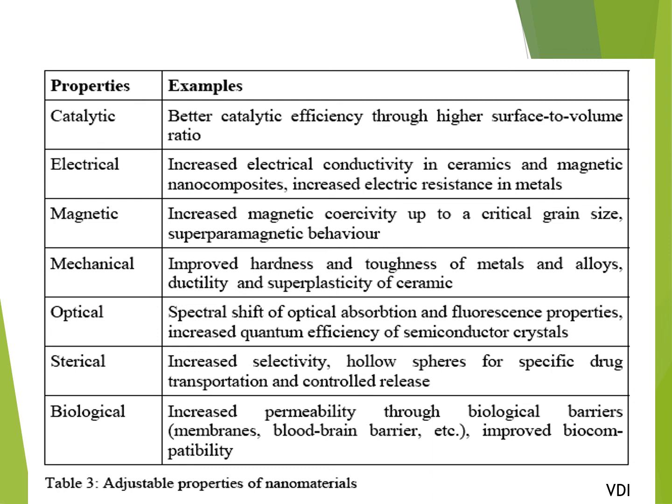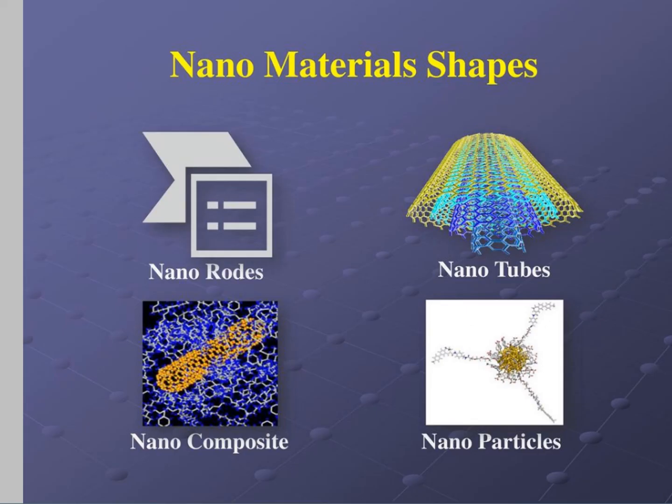These are the main properties of any synthesized nanoparticle. Synthesized nanomaterials have many shapes: one is the nanorod, another is the nanotube, another is nanocomposites, and another is the nanoparticle. These are the main nanomaterial shapes available.